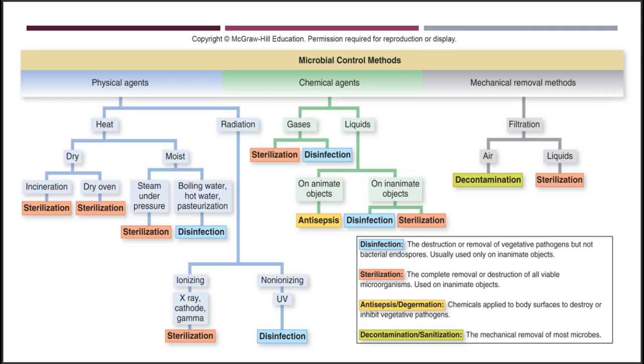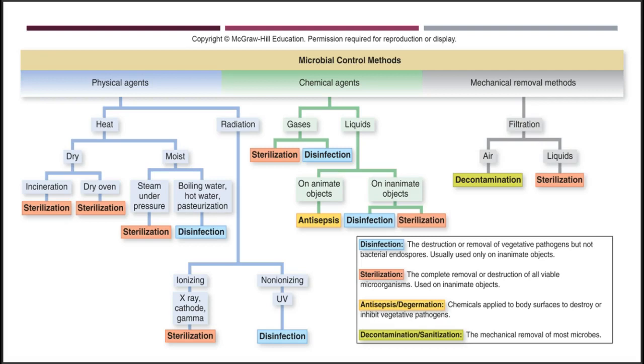So you can see the 2 main physical agents are heat and radiation, and we're going to talk about the types there. Some of these methods result in sterilization. Some of these methods result in disinfection. And a lot of it has to do with the time of exposure as well as the temperature.